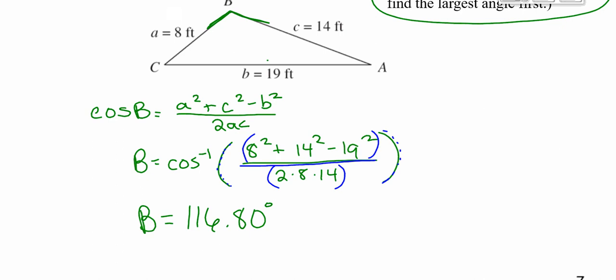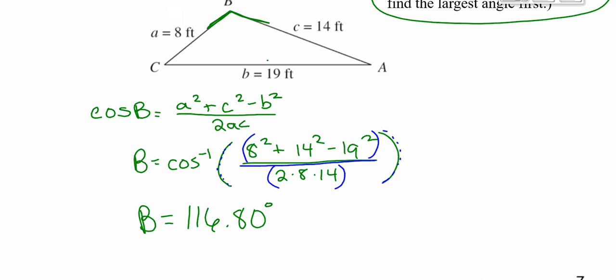Now, you can either go through that exact same process to find A and C using the law of cosines, and there's no issue with that. Or if you want, now you can defer to the law of sines and then 180 minus the sum of the 2 angles.